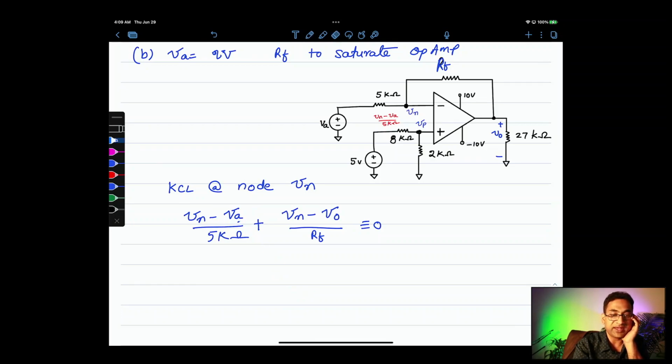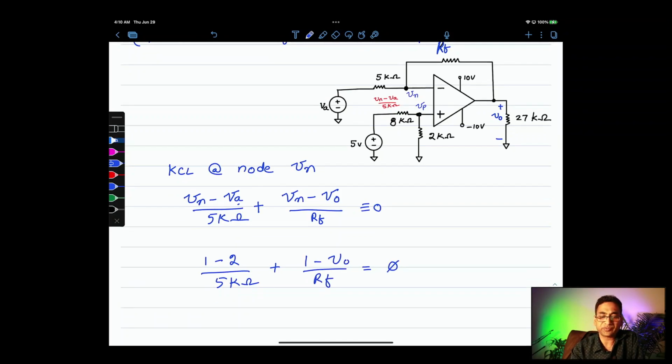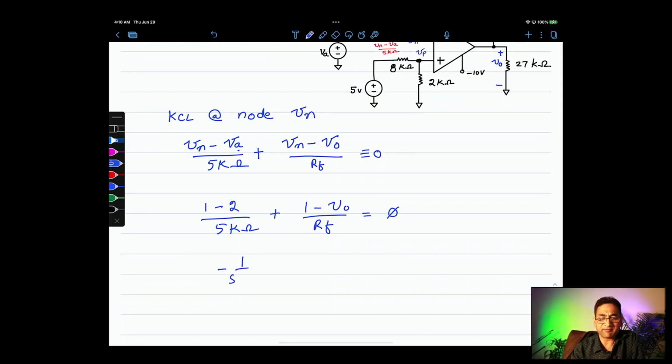So let's plug all of that in. We know the value of Vn to be 1 volt. VA is negative 2 volts. Negative 2 volts divided by 5 kilo ohms plus Vn is 1 minus VO over RF equals 0. We can simplify this. Minus 1 by 5 kilo ohm plus 1 by RF equals VO over RF.